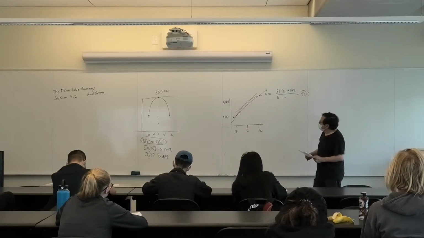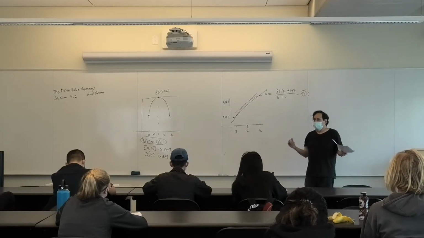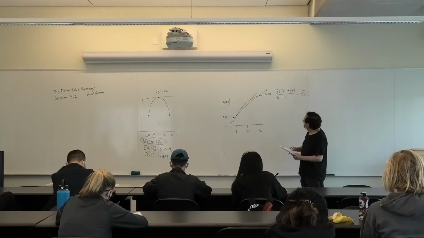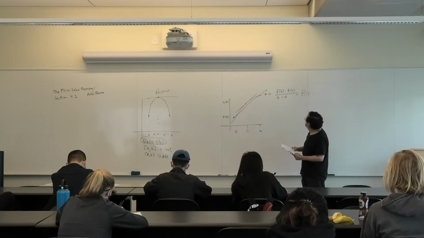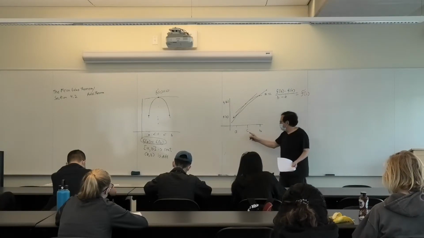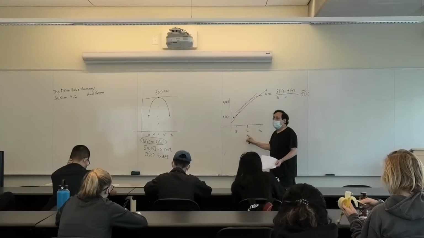That's the mean value theorem. Amazing to think it's so important. It just seems very limited. It doesn't tell you what C is. It just tells you there must be one.